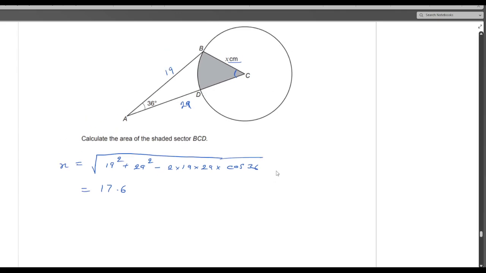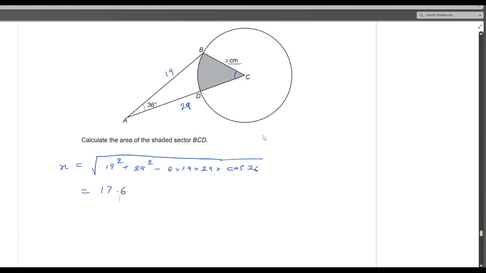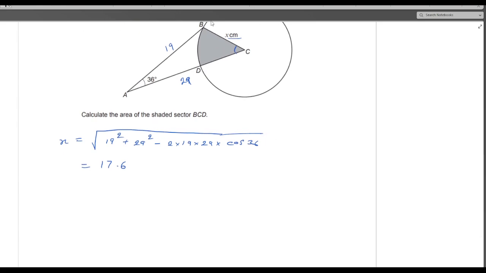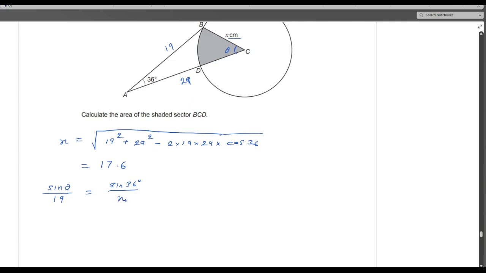I will now calculate angle BCA. Let us consider this as theta. I use sine rule. Sine of theta divided by 19 is equals to sine of 36 degree divided by its opposite side x. The value of x we know it is 17.6.